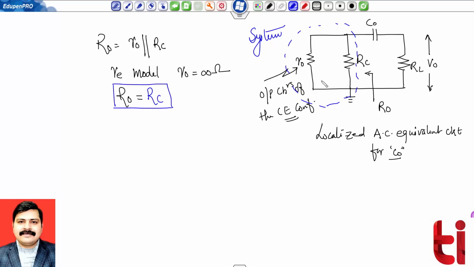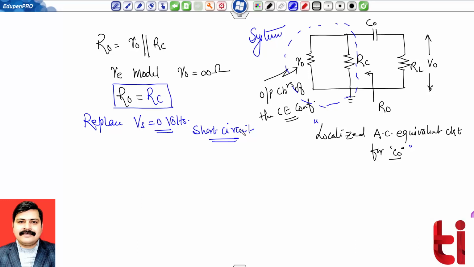The second condition required for this system is that we have to replace the source voltage by 0 volts. That means we have to replace this by a short circuit. For the analysis of the output side, we have to apply this condition.